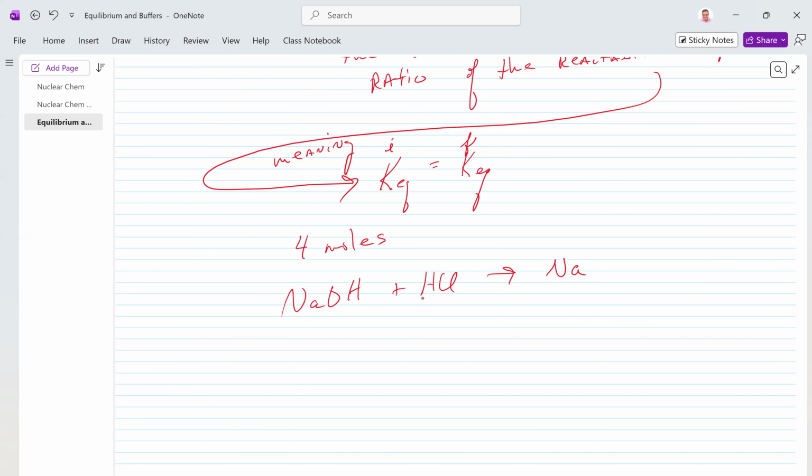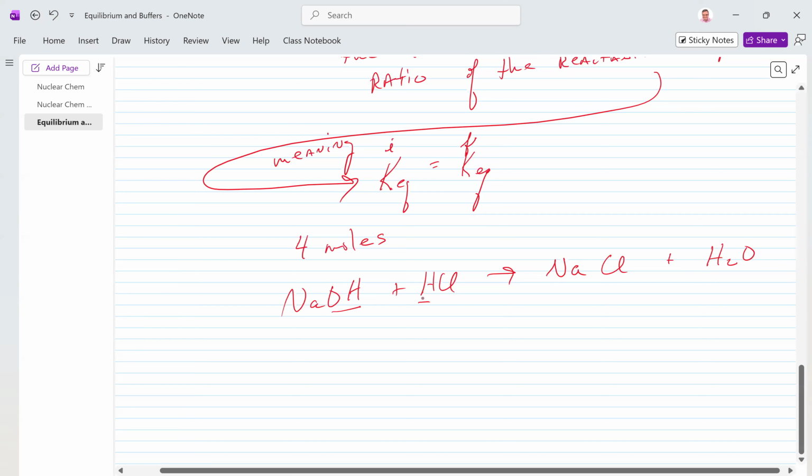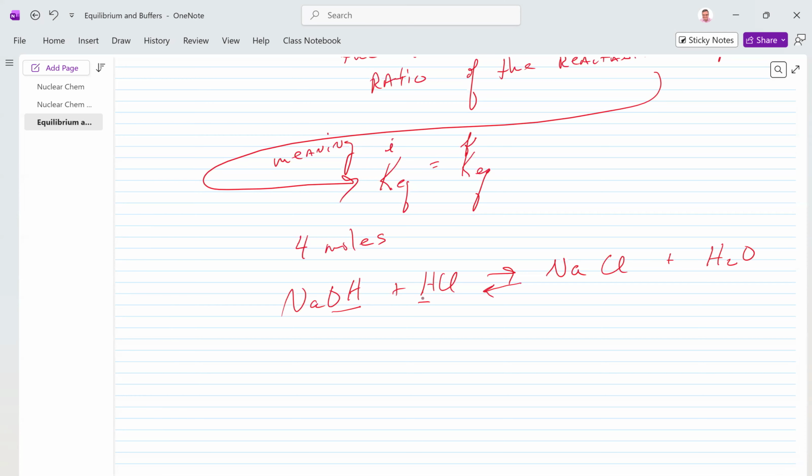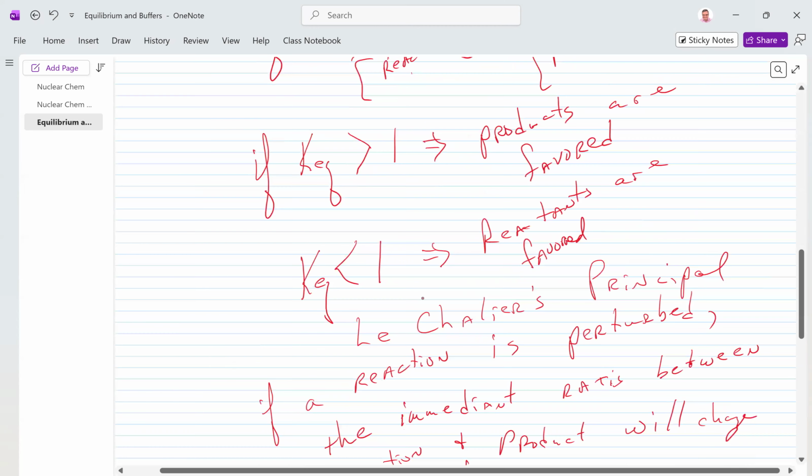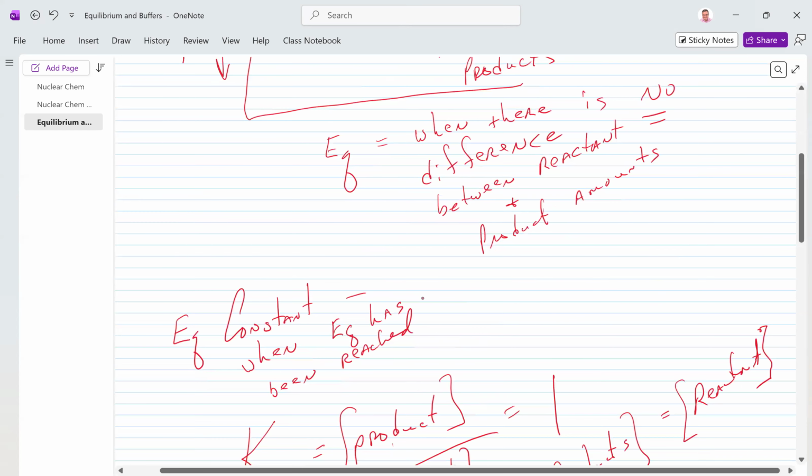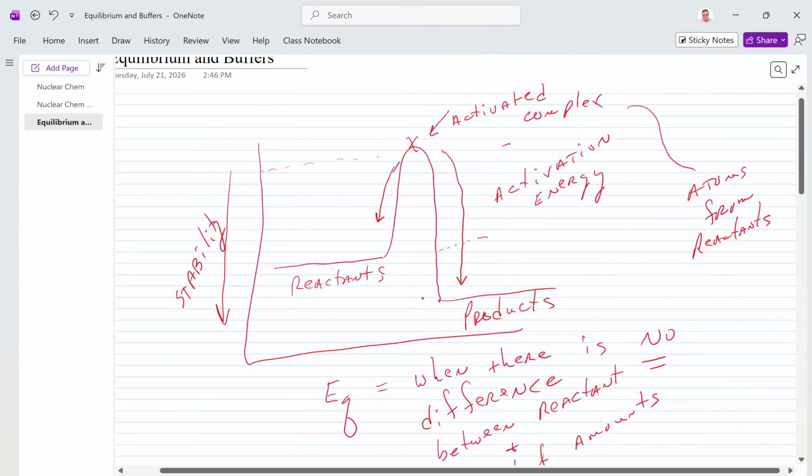That's going to give sodium chloride plus water. Okay, so the H and the OH form water. Now, all reactions have two arrows. And that's because of the activated complex. So we've got a reverse reaction going here and a forward reaction going here.